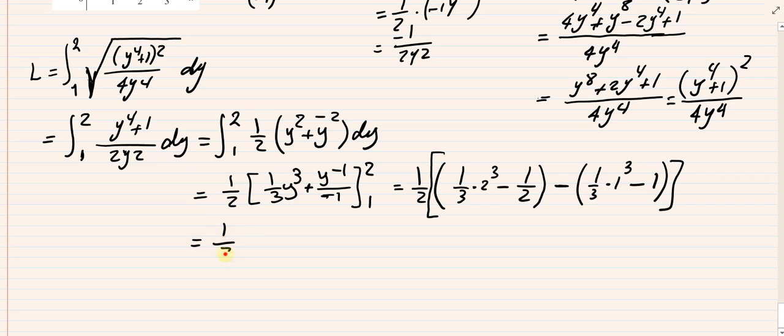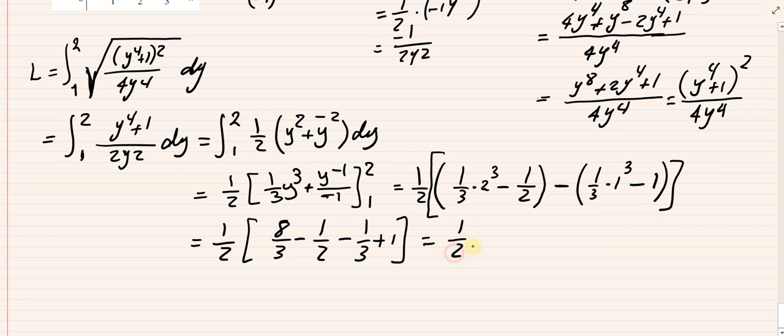And this will give me 1/2. 2 cubed is 8. So this is going to be 8/3 minus a half, minus 1/3, plus 1. Okay, and I can get the LCD here to be 6. This becomes 16 minus 3 minus 2 plus 6.